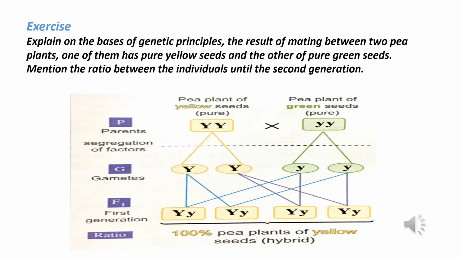And during fertilization, to produce the first generation, the first capital Y combines with the first small y, the first capital Y with the second small y, the second capital Y with the first small y, and the second capital Y with the second small y. So, the first generation has yellow seeds.